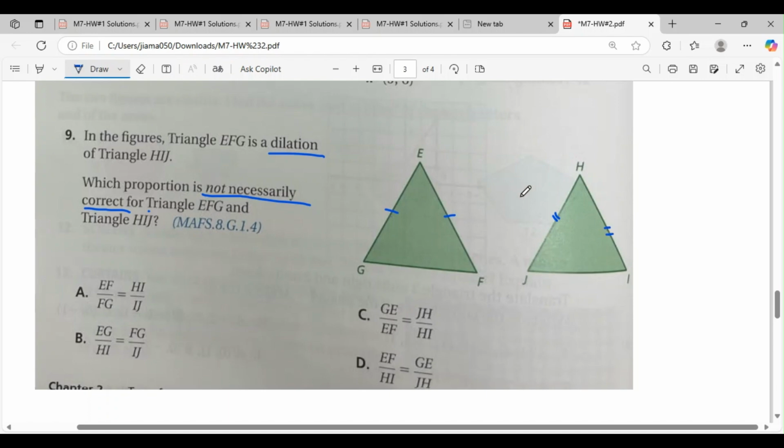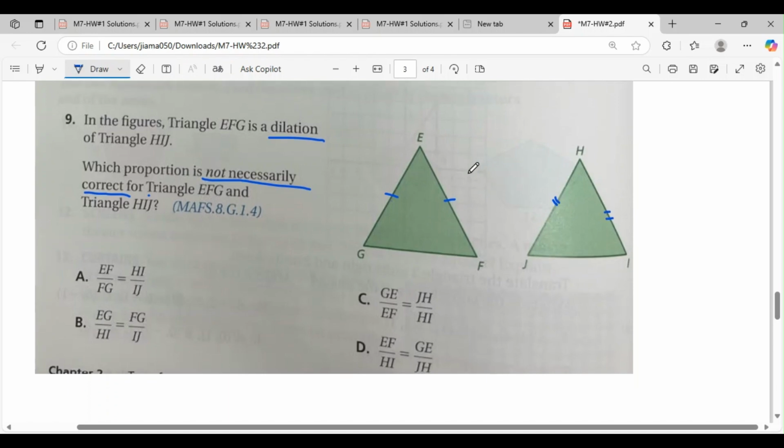Okay, so we can see they are on the same side. This one is corresponding to this one is corresponding to this one, so this is also correct.